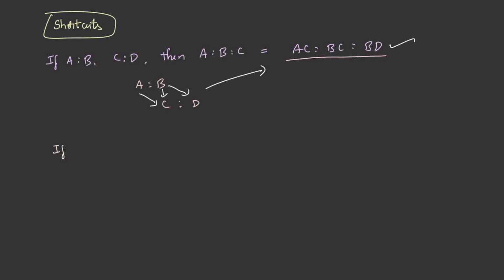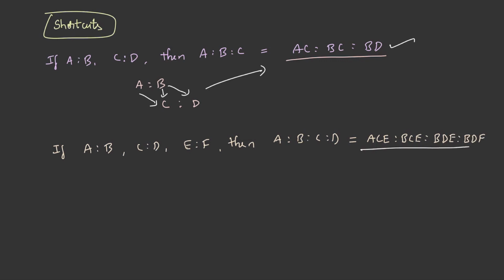In another case, let's say there are three ratios given: A is to B, C is to D and E is to F. Then in order to find A is to B is to C is to D, it will be ACE is to BCE is to BDE is to BDF. This might be a bit confusing. Let's understand it through a trick.